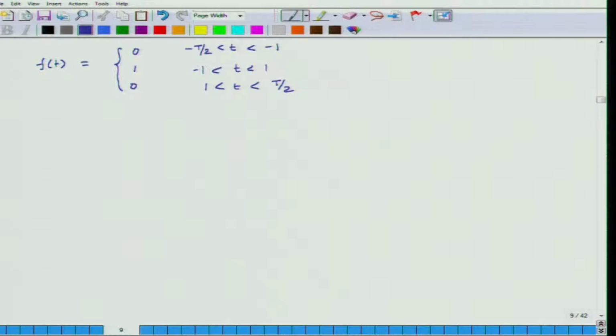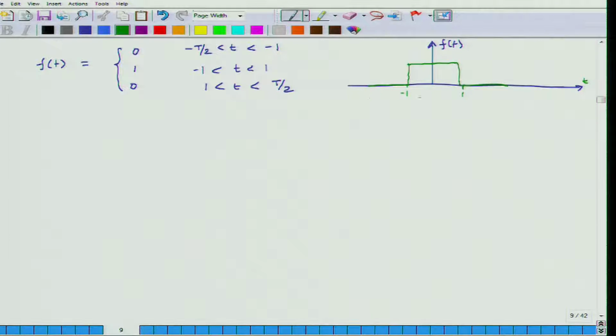So first let's plot this. This is my x-axis, this is f of t, and the value is 1 between -1 and 1. This is my time axis, and then the value becomes 0, and let's say this is the time period.